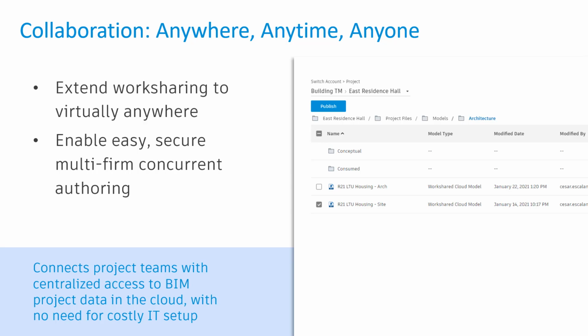This gives you the ability to extend work sharing to project teams in any location, while centralizing efforts of distributed teams. You can also better allocate resources and assign the best team members with the most relevant skill sets to each project.